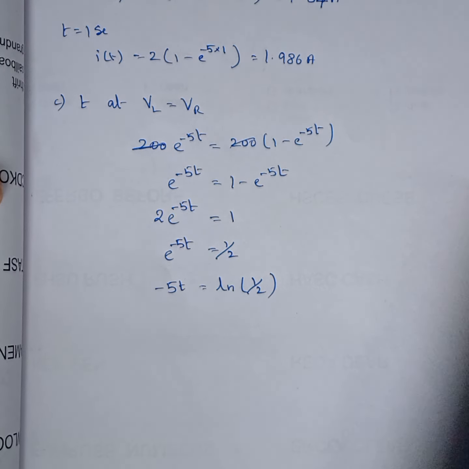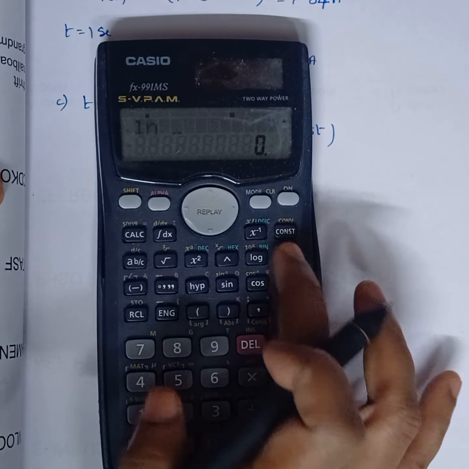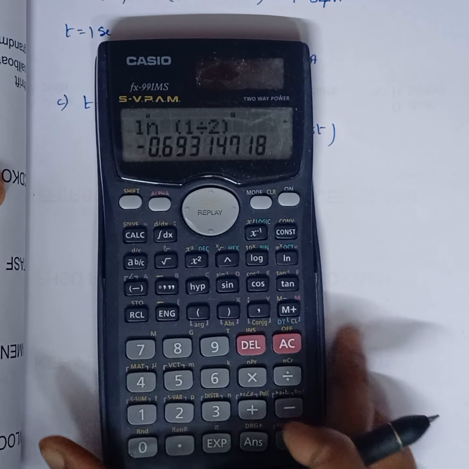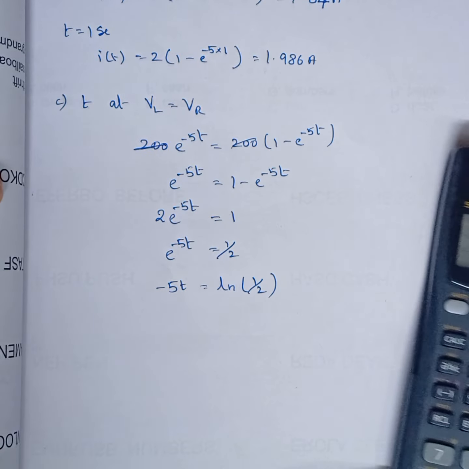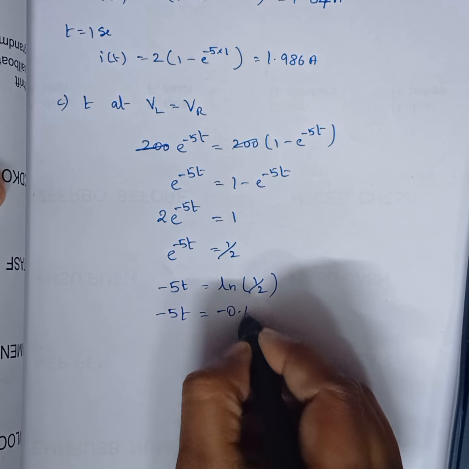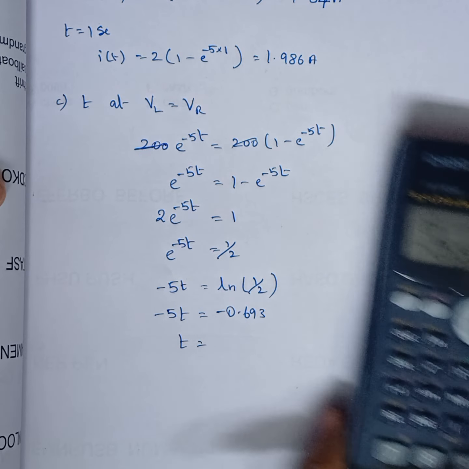So I use the calculator for ln of 1 by 2. So ln of 1 divided by 2, correct? What I'm getting is minus 0.693, correct? So minus 5t is equal to minus 0.693. So I need t, so divide by minus 5, correct?